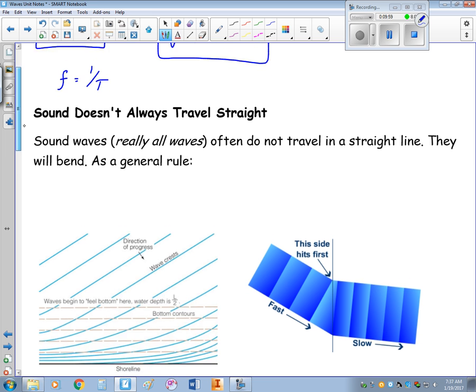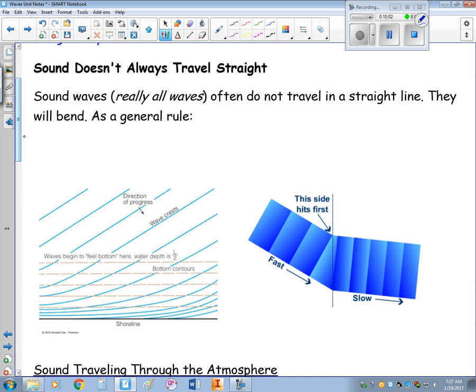All right, now let's talk about sound again. Sound does not always travel in a straight line. Now sound waves, and really all waves, do not travel in a straight line. They bend. And as a general rule, they bend towards the slow.